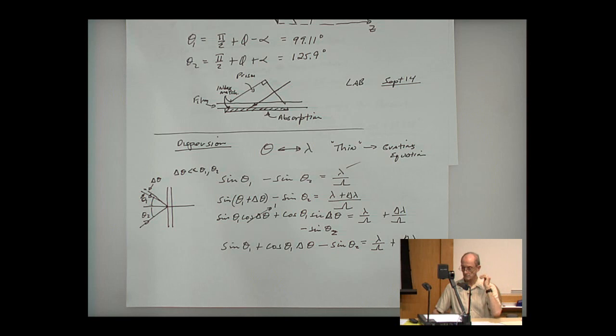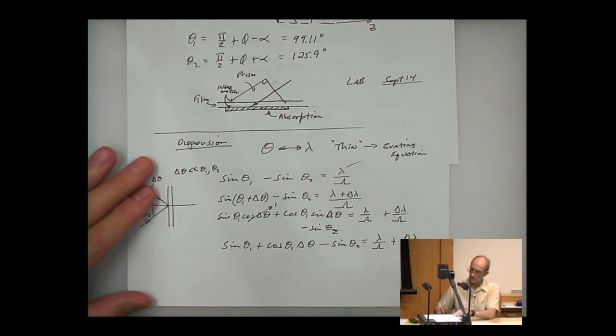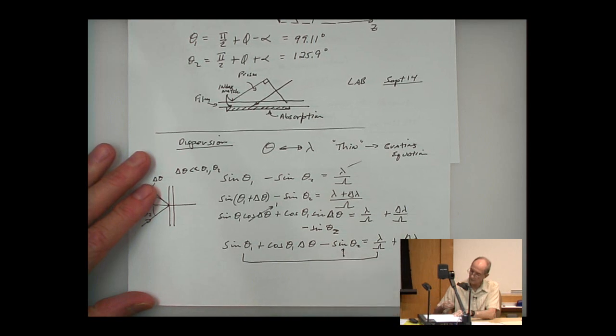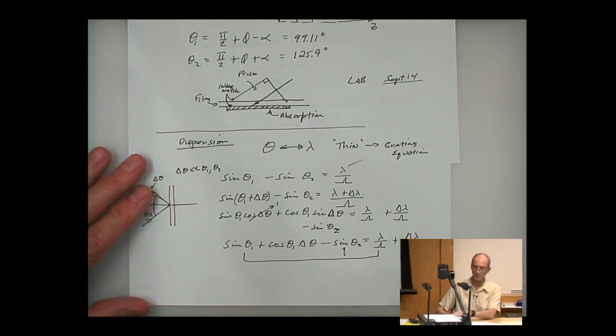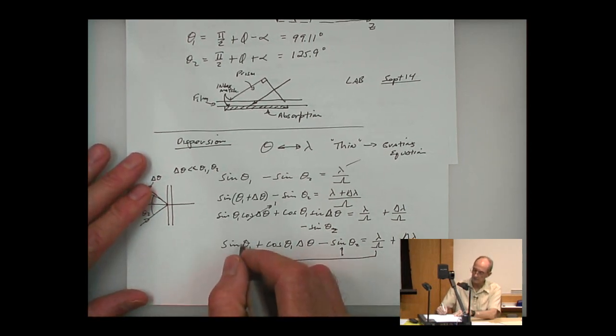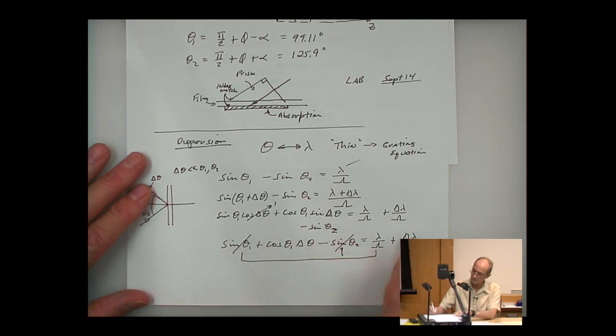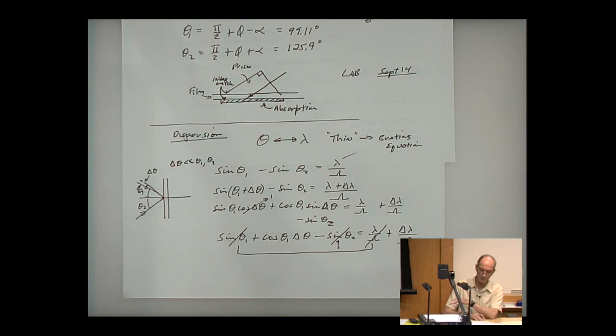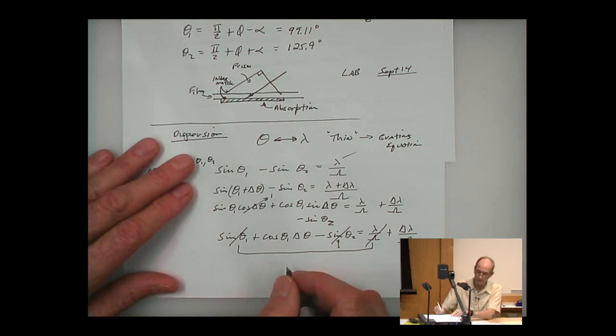Okay, well, notice now that here we have the grating equation in there. So basically we can drop that out, and what we're left with is the dispersion relationship for the thin grating.